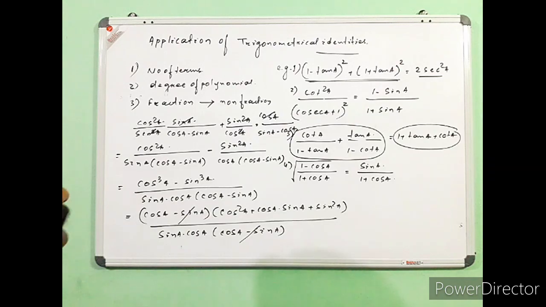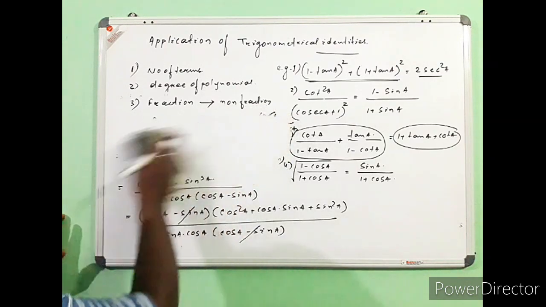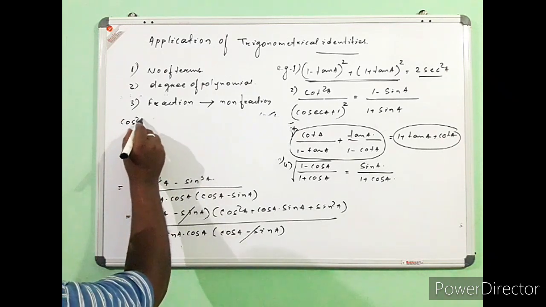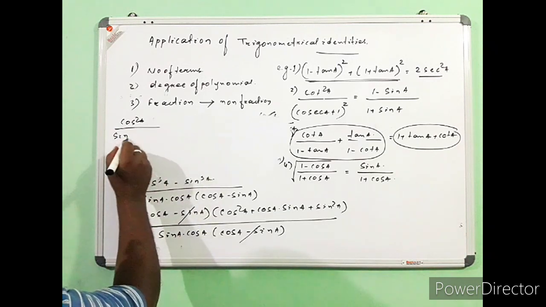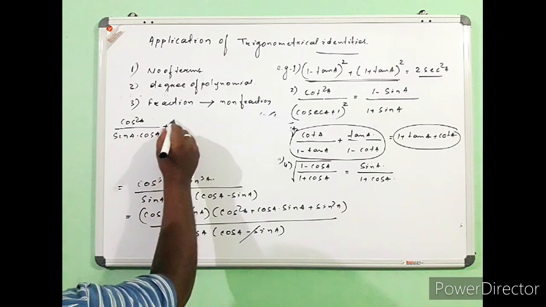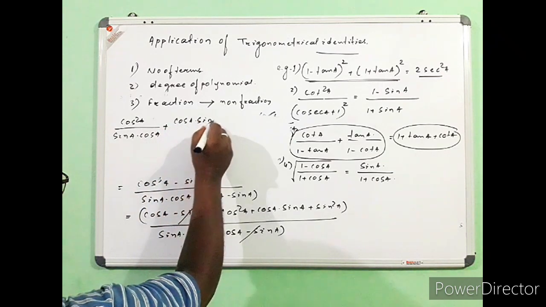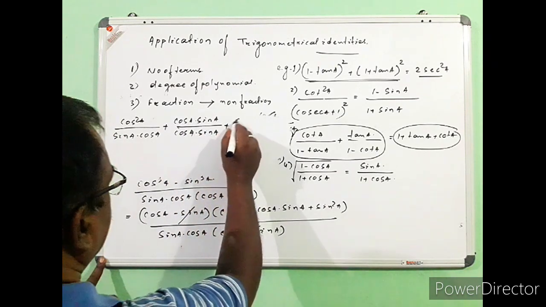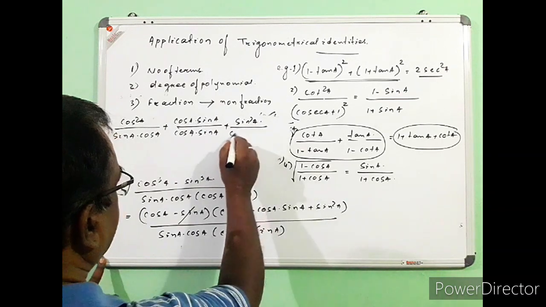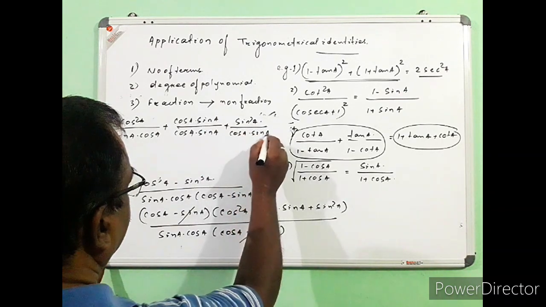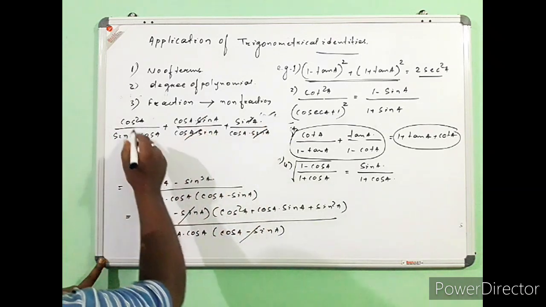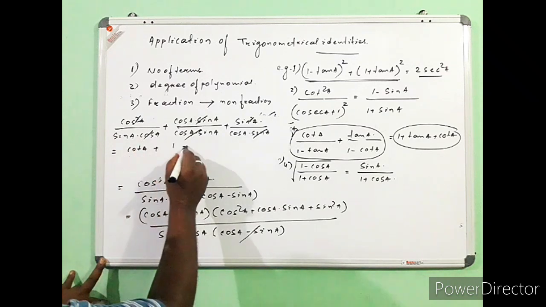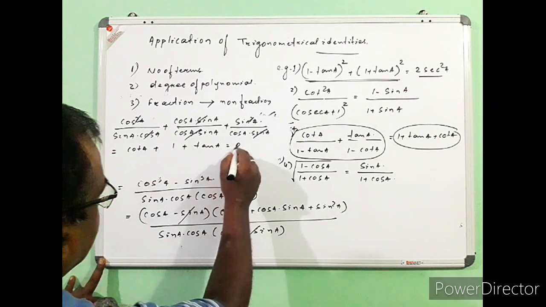So therefore, this can be separated out: cos square A by sin A into cos A, plus cos A into sin A by cos A into sin A, plus sin square A by cos A into sin A. So therefore, we have cos A by sin A, that is equal to cot A, plus 1 plus tan A, which is equal to RHS.